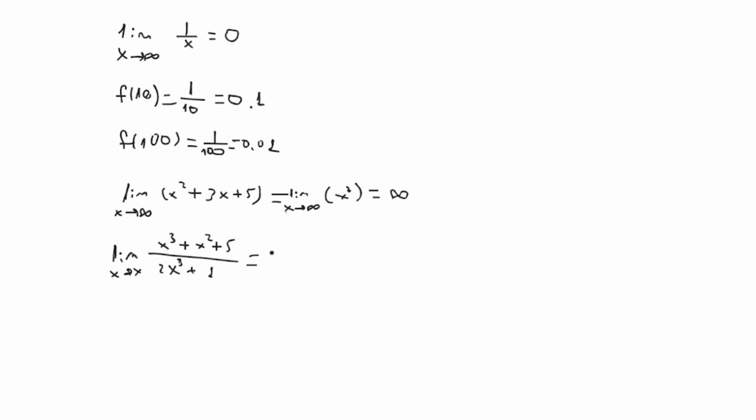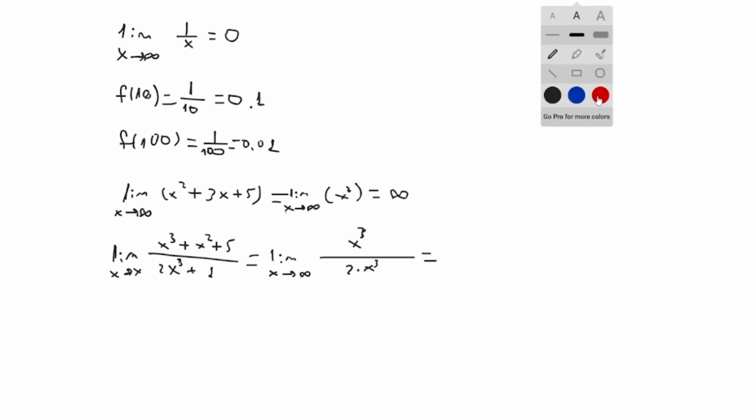So let's rewrite this limit as x approaches infinity of, here only x to the power 3 is what we are interested in, and here only 2 times x to the power 3. Here we can see that x cubed and x cubed cancel out each other, and what we are left with is 1 over 2.